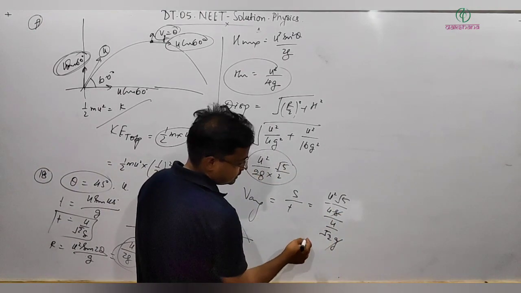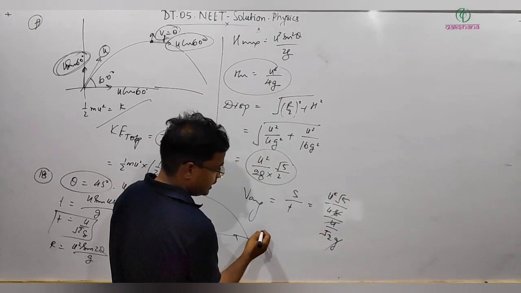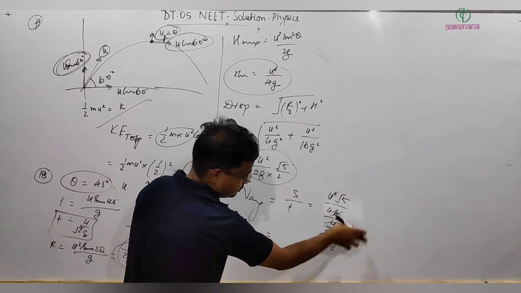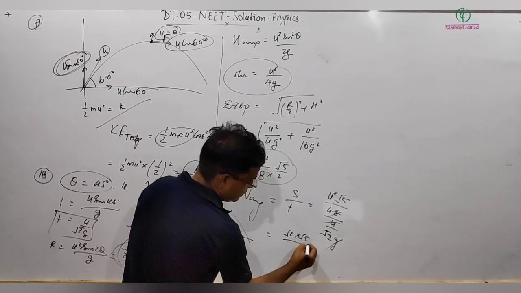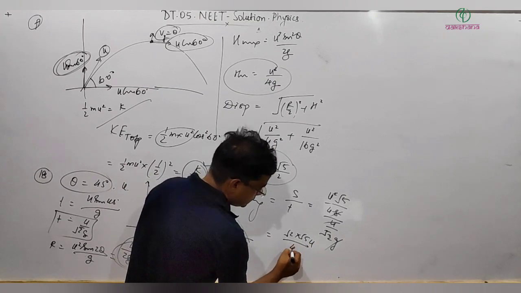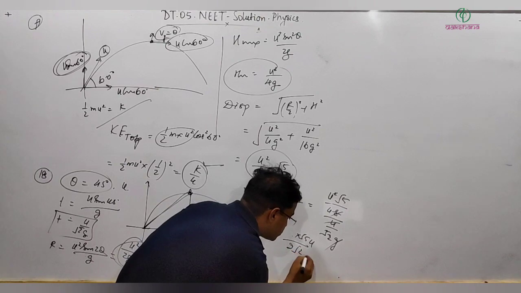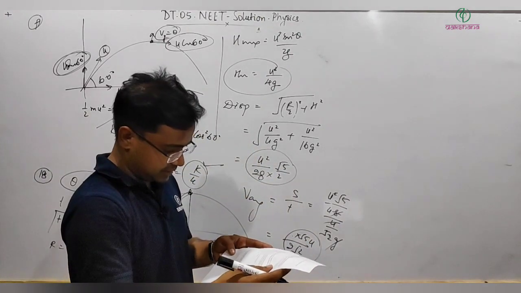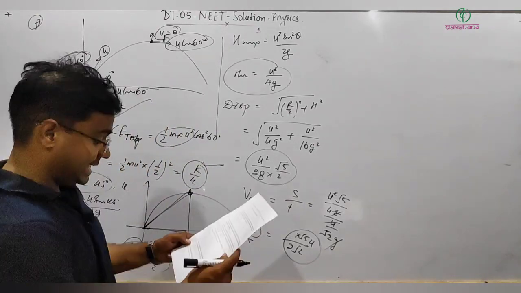This gets cancelled, and 1 u gets cancelled. Then this v average is coming out to be root 2 into root 5 divided by 4, that can be written as basically 2 root 2. This will be the average velocity that matches with option 1 for question number 18.